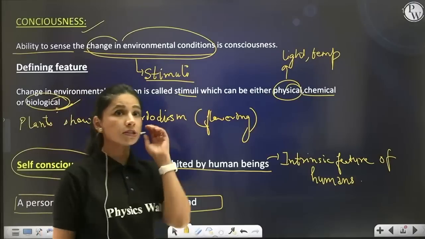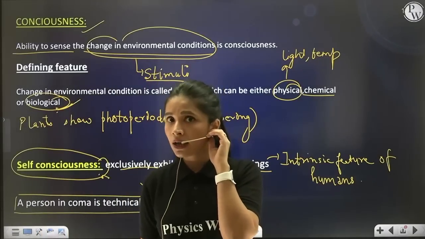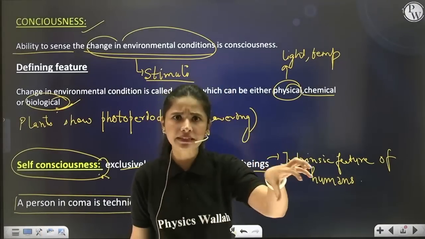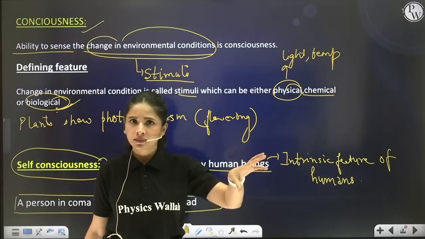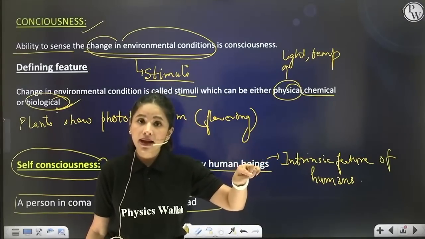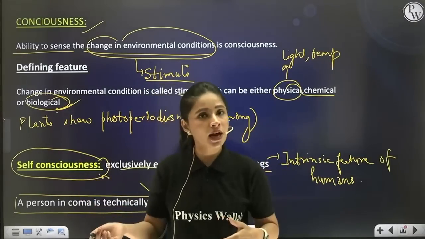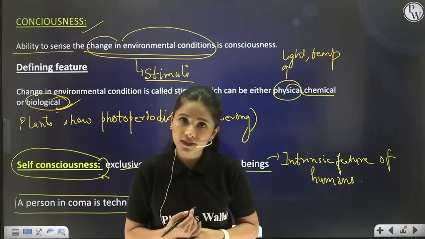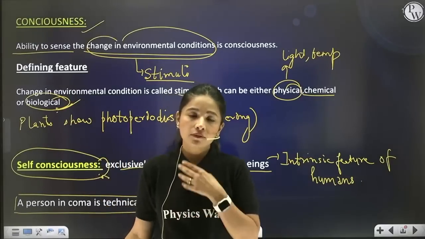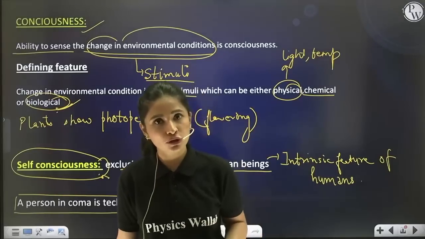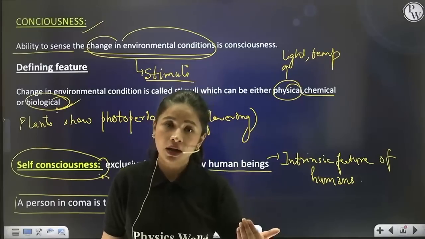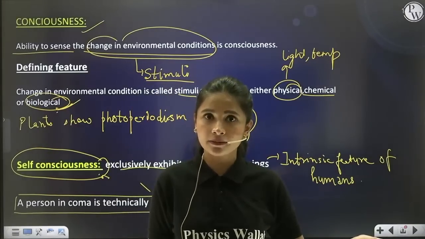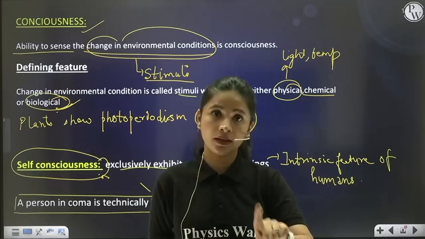A person who is in coma, is that person considered as coming under consciousness? If yes, then ma'am, consciousness में तो exception आ गया, because a person who is in coma does not show any response. You touch, you do whatever with that person, they are not going to show response. So exception आ गया. Then consciousness should be a characteristic feature in that case. No. Why?